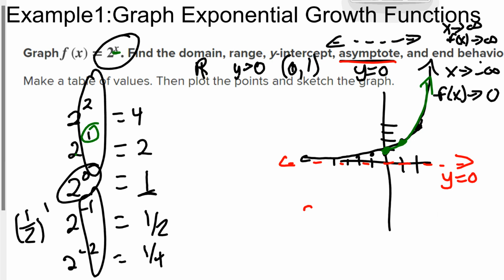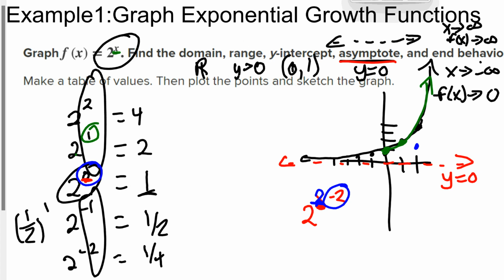Well, what if I did this, 2^(x-2), right? To get an exponent of 0, don't I need to plug in a positive 2? So I would need to plug in a positive 2. Well, that's going to move this graph over 2 to the right. So even though that's a negative 2, I would plug in a positive 2 in order to get a 0 as an exponent.